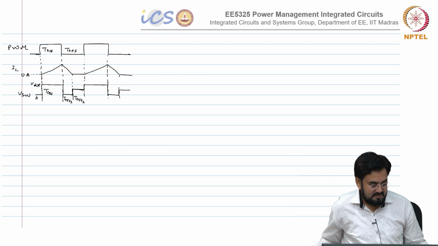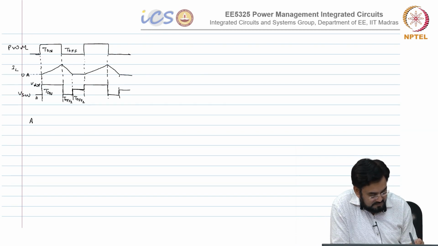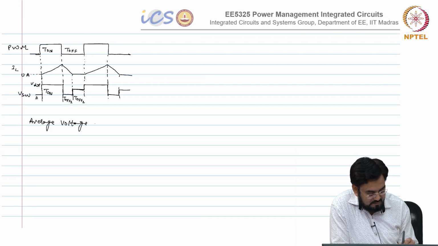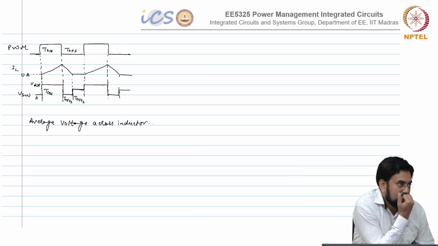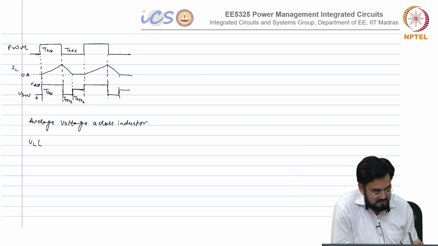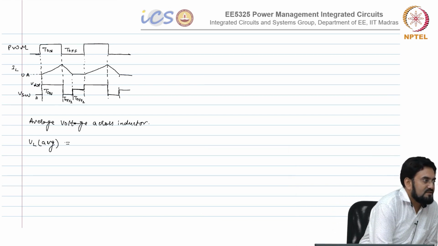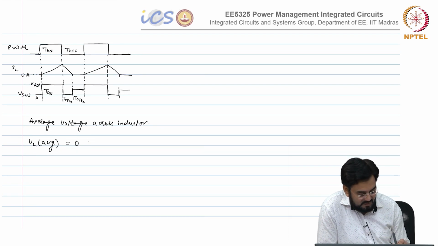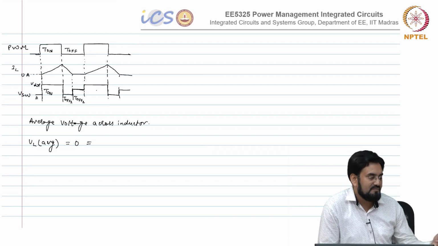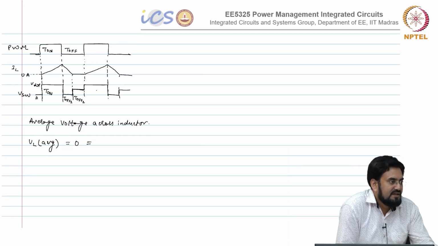So what is the average? What should be the average voltage across inductor? V L of, what is the condition for regulation? What should be the average voltage? 0. So from this waveform, we can find the average.